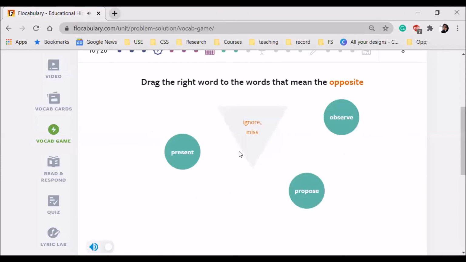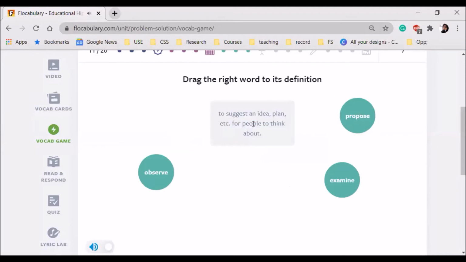So you can learn this new word predicament as well. Okay, the opposite. Ignore, miss. What's the opposite? Present or observe? Observe, because either you ignore or you observe it carefully.